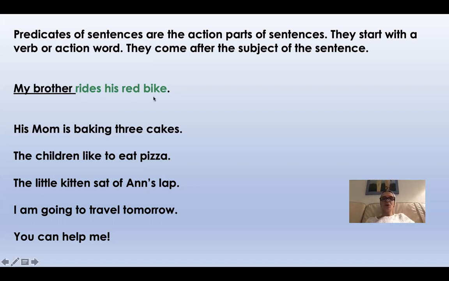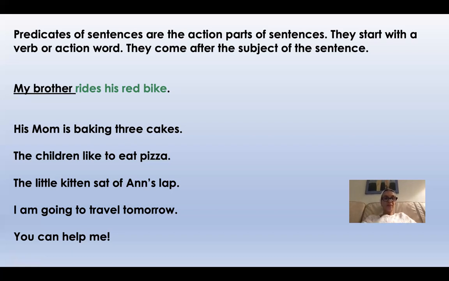So the black part is my subject, and the green part is my predicate. And my predicate starts with a verb. It's starting with an action word, because rides is something I do. So it's called an action verb, or an action word.